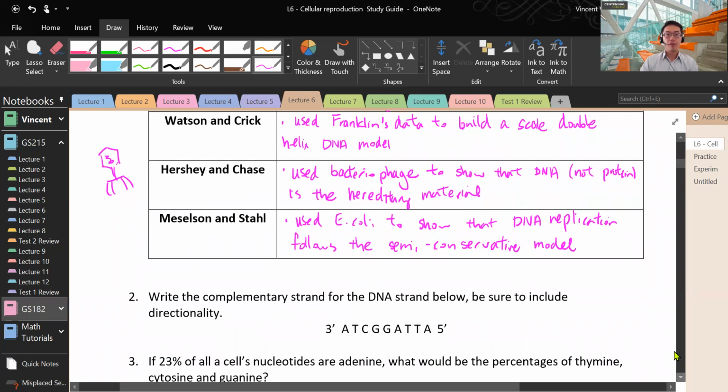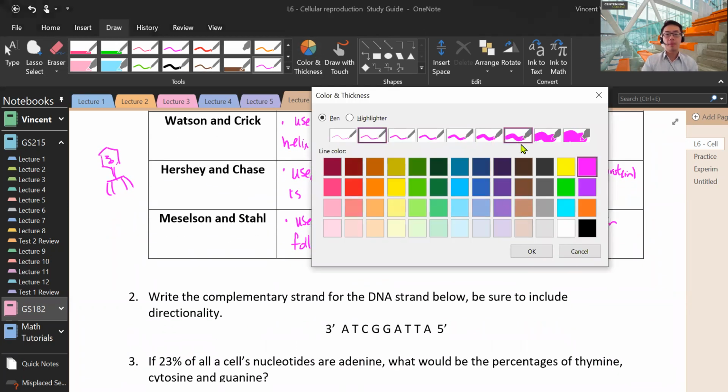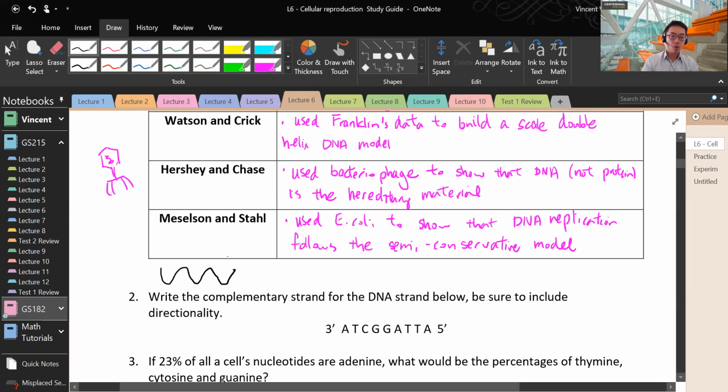For those of you who need a refresher on what semi-conservative means, here we have the original double helix. That's the parent DNA. And after replication in the semi-conservative model, the daughter DNA will consist of half of the original strand and another half that's completely new.